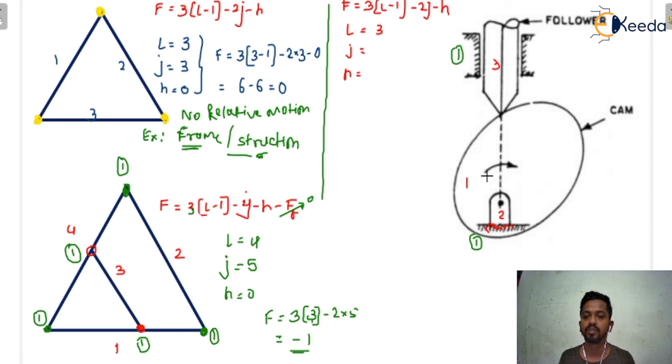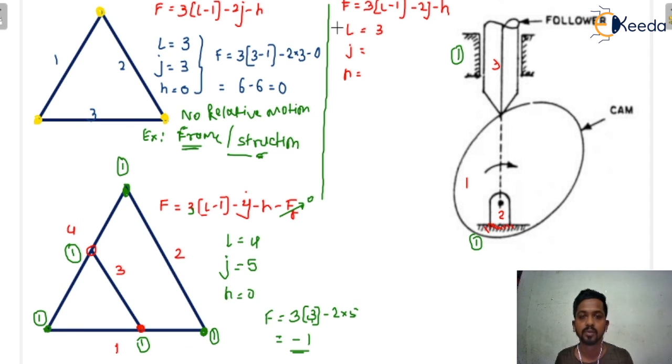If there are 2 fixed joints, calculate 1 and 2. But if you are going to calculate the number of links, calculate the fixed link once only. So that is why I am saying this is one fixed link. See, this and this are the same, and this would become the second link, and that is the follower, that is the third link. When I calculate the number of binary joints, that is the fixed joint once, and that is another fixed joint, that is second.